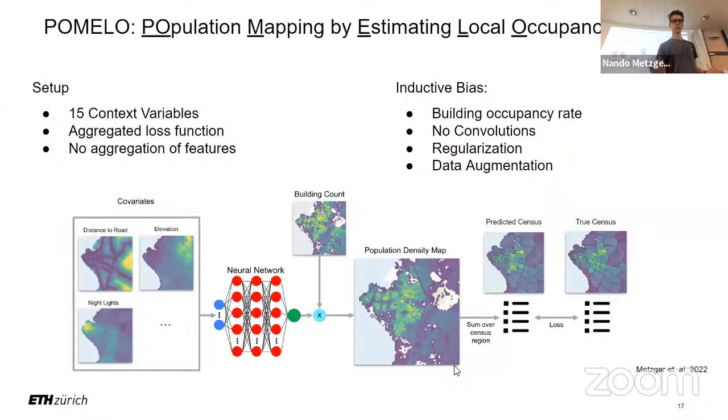I think this makes intuitively a lot of sense, that you can just sum over the pixel-wise predictions. But in the random forest methodology that I showed before, they sum the covariates first, and then they train the neural network. I think this is the key difference between those 2 methodologies.